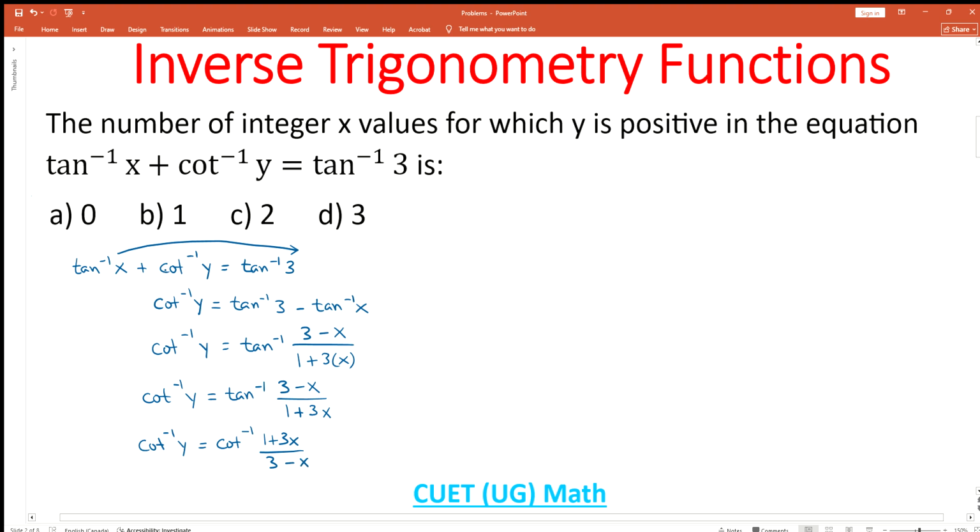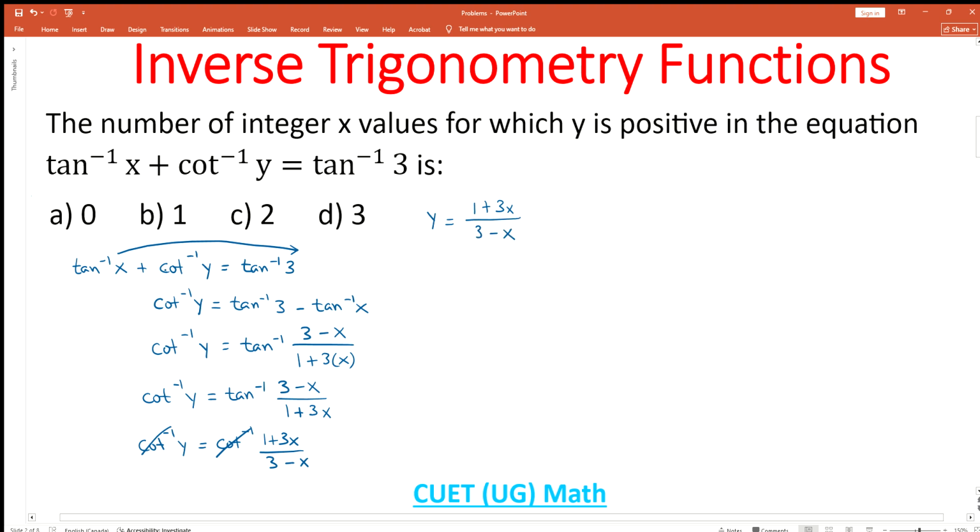We flip the fraction to change tan inverse to cotangent inverse. Now we have cotangent inverse on both sides of the equation. We can cancel it out and we are left with y equals (1 plus 3x) over (3 minus x).